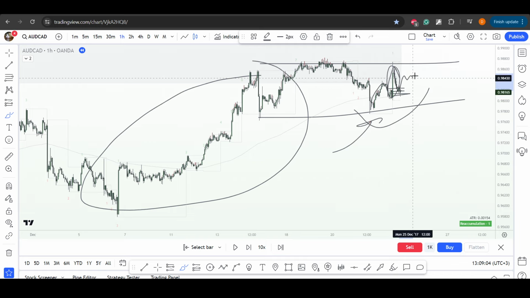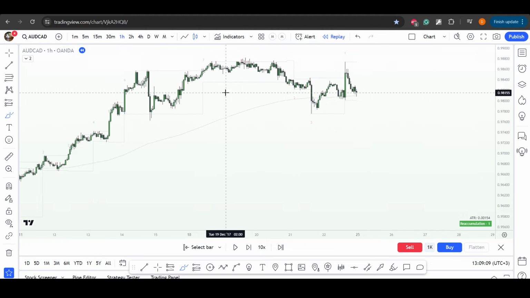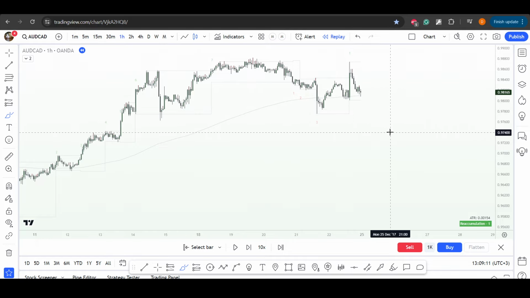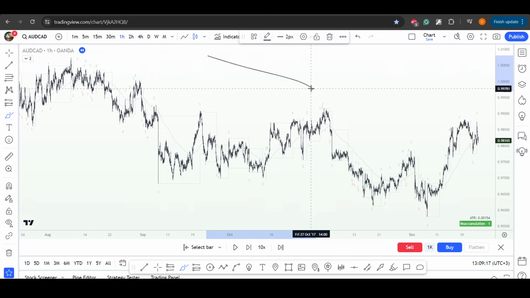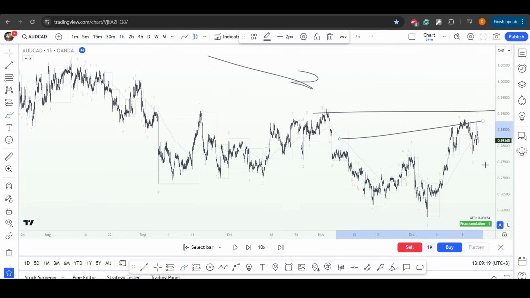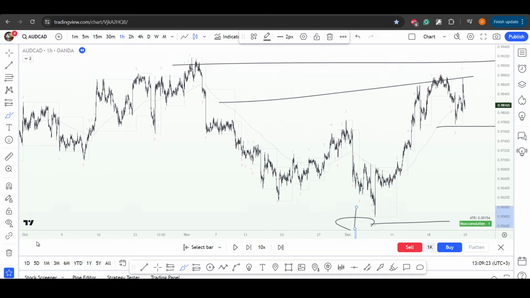So if price will do something like this, I will be okay to join it. If not, and we break to the downside, it will mean that we are back in confluence with our daily. Remember, daily is a downtrend and we are tapped into the zone. So if we break this, then this will be the target overall.